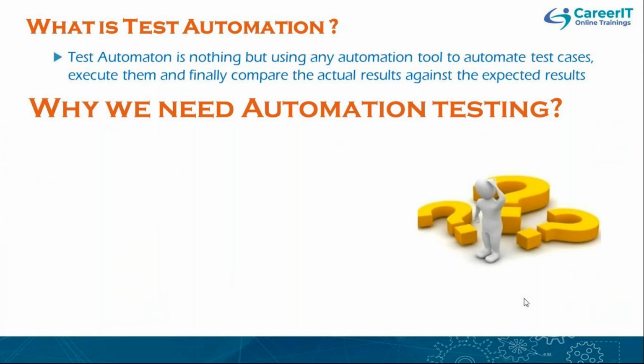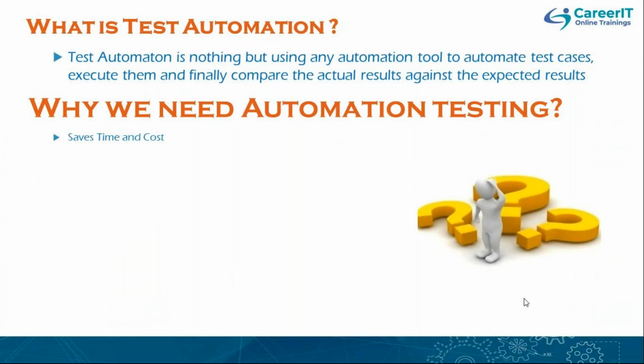Because there are multiple factors which made automation testing one of the major important aspects in our entire software development life cycle, guys. One is that it saves a lot of time and also cost. We already discussed these things in the demo class, but I'm repeating because some people joined today only.